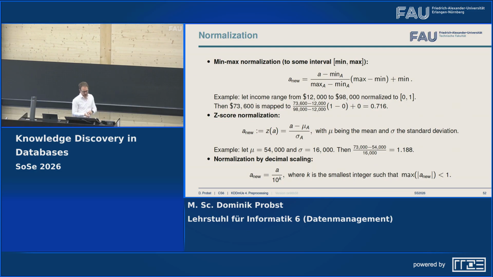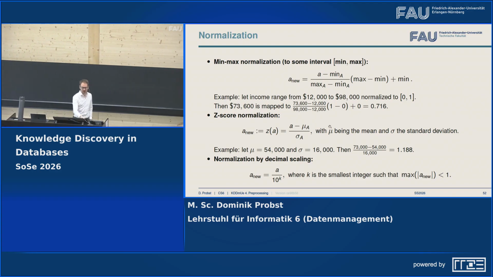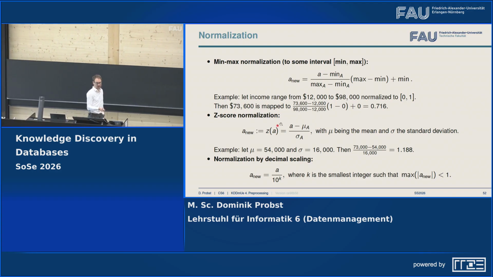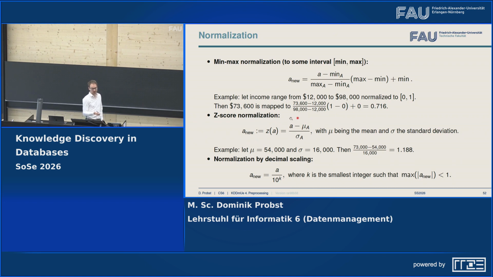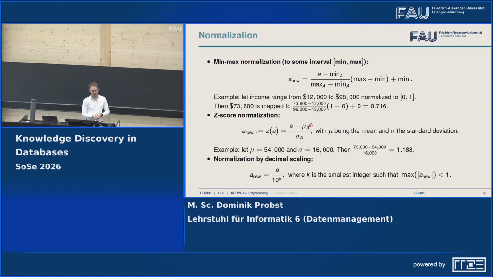Since we already talked about standardization or Z-score normalization, we can pretty much skip over that. You already know this formula. In Z-score normalization or standardization, you will take the value, subtract the mean of the attribute, and divide it through the standard deviation of the attribute. So in a little example, you will be able to compute that. However, I will skip around that.